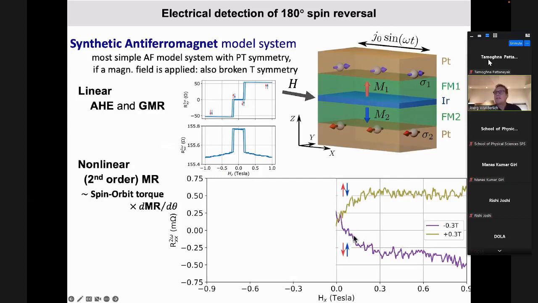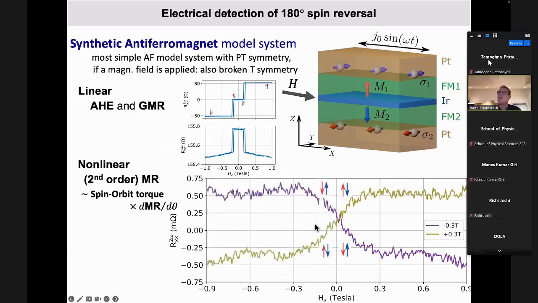And it changes sign if our DC perturbation due to the applied in-plane magnetic field has changed. So yes, we can distinguish our two antiferromagnetic states simply by a transport measurement.